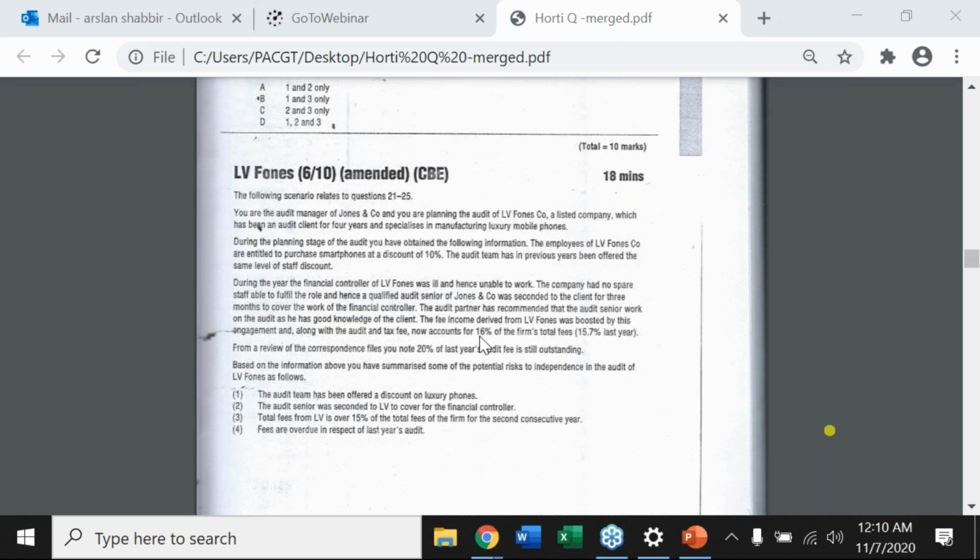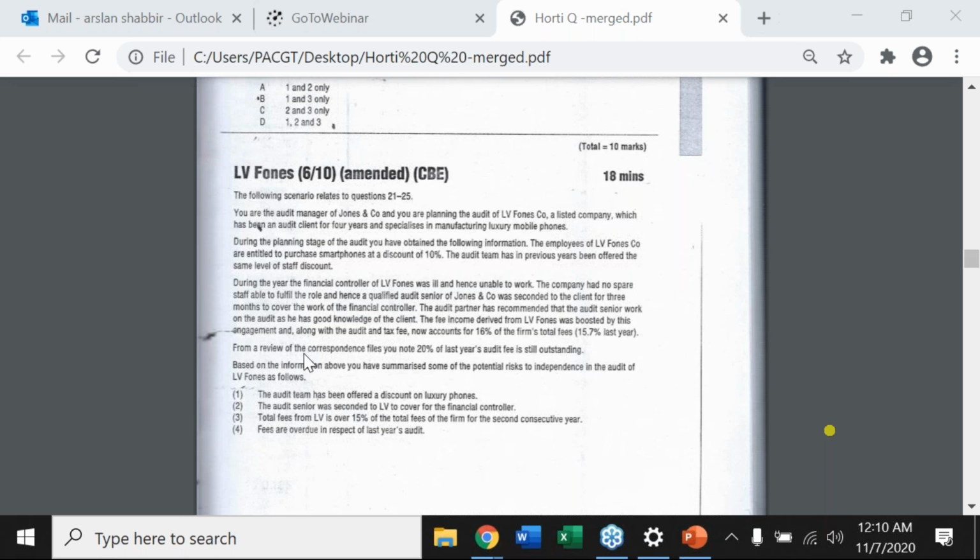So this is also a self-interest threat, because when the audit firm's revenue from one client is more than 15%, it can be dependent on that client. To reduce the threat, we do a quality control review, a second partner review, and we should tell those charged with governance.